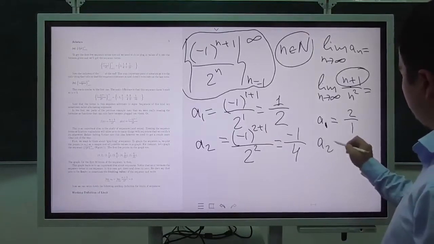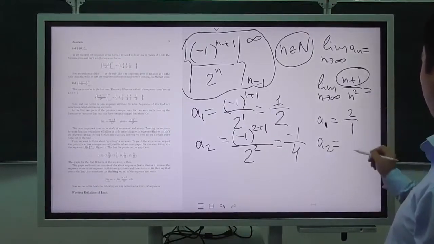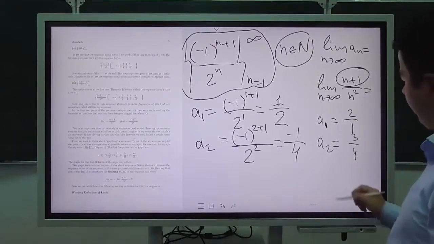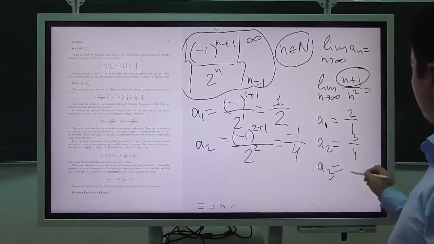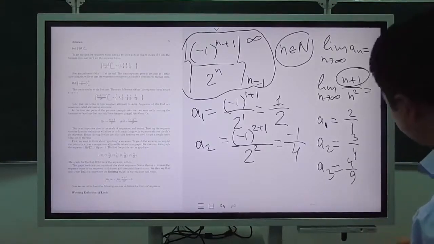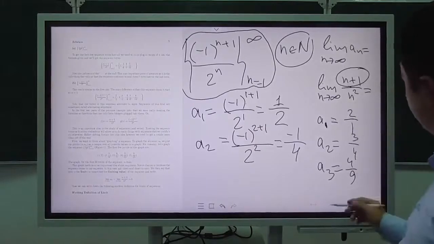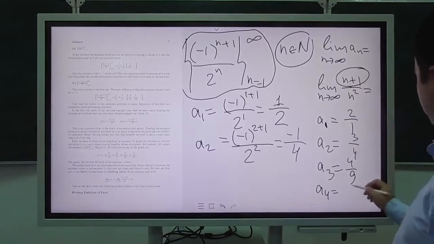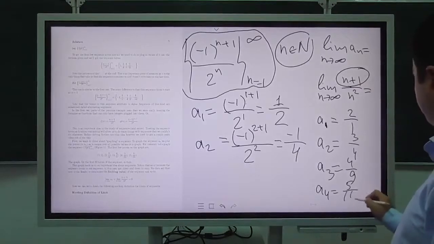Now a2 is 2 plus 1 over 2 squared, it is 3 over 4. The next one, a3, is 3 plus 1, 4 over 9. And a4, for example, is 4 plus 1, 5 over 16, etc.